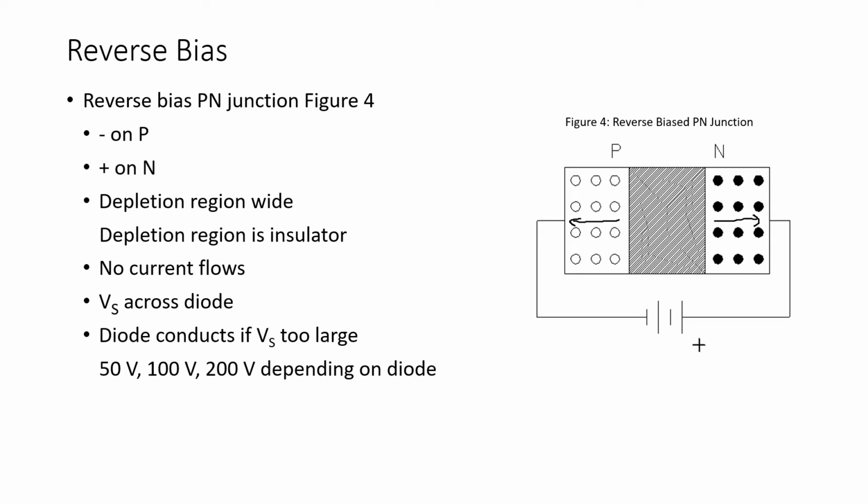This voltage could be 50 volts, 100 volts, 200 volts, 500 volts, depending upon the construction of the diode. But understand that if we apply too much voltage to a diode, it can conduct, and in this case, the diode will be damaged and/or destroyed.